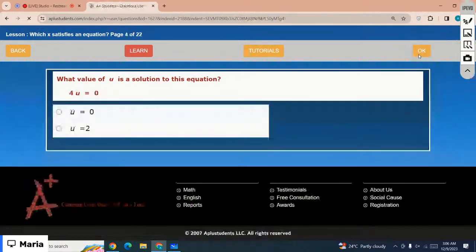Okay, the next one is what value of u is the solution of this equation? 4u equals 0. So which is the correct option?